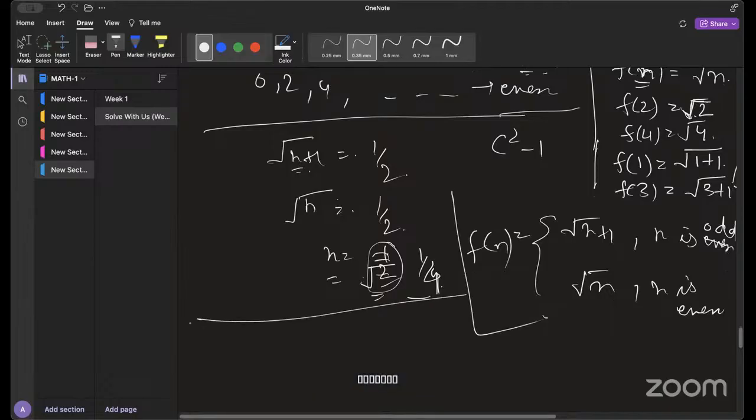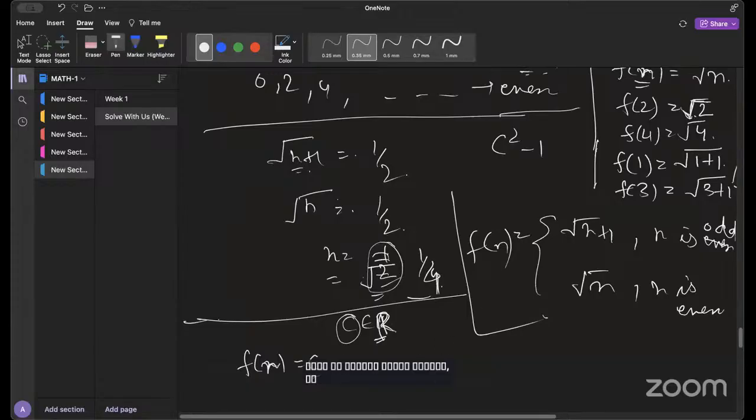So to check if it's onto or not, we first do it for any arbitrary number because we're not sure for which real number it will not work. So we try it for any random number c and try to find n such that f(n) is equal to c. If for every real number you're able to find a natural number such that f(n) is equal to c, that means this is an onto function.